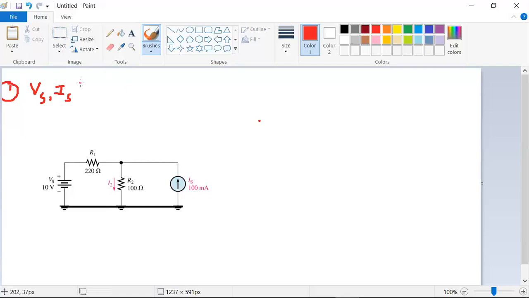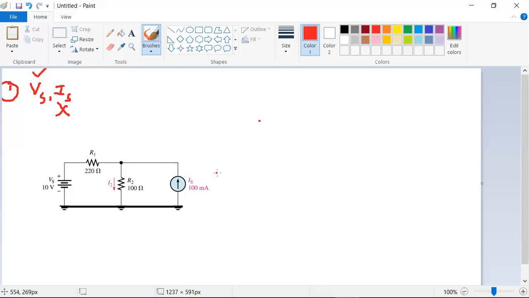Here, I am activating the source Vs and deactivating the other, meaning not considering it. I'm considering only one active source. So this source is going to be replaced with its internal resistance. Since no internal resistance is mentioned, I consider it an ideal current source.